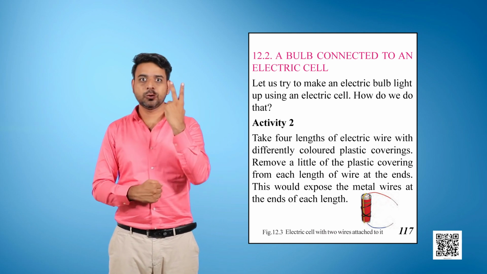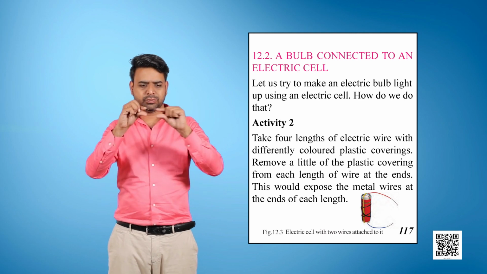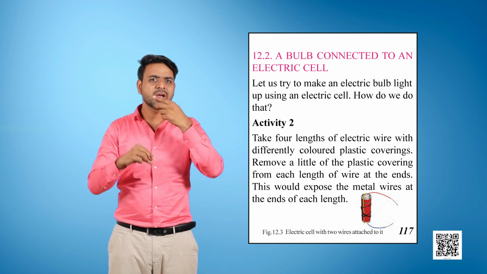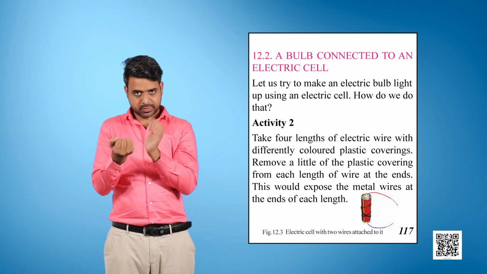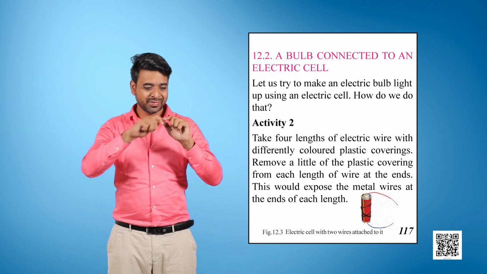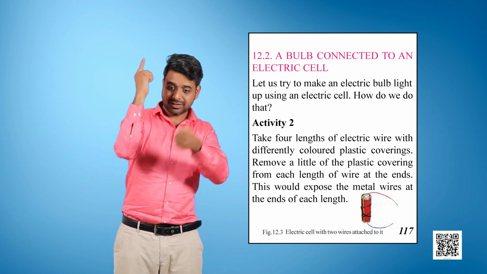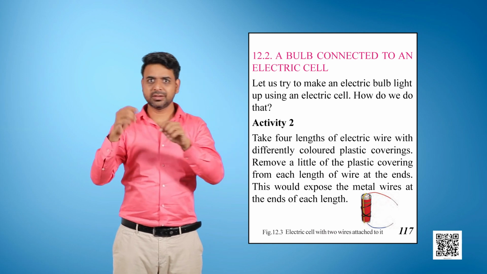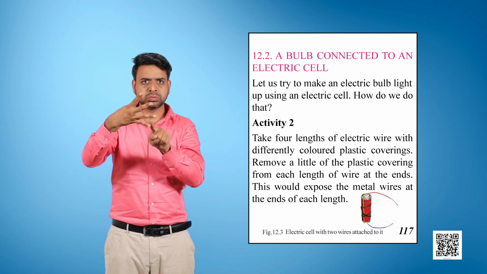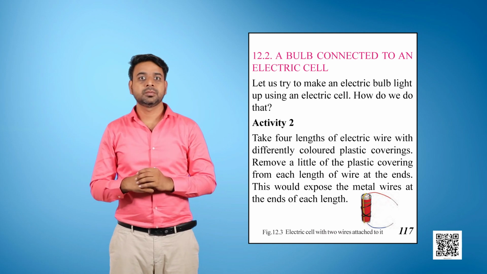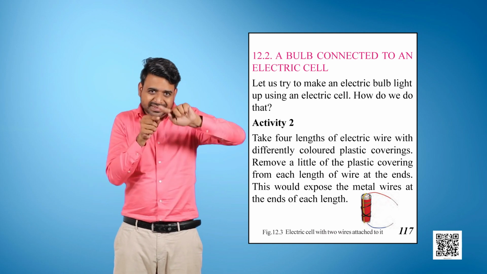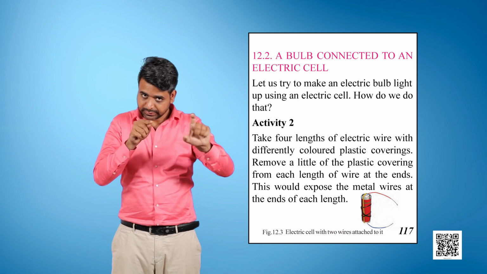Activity 2. Take 4 lengths of electric wire with differently colored plastic coverings. Remove a little of the plastic covering from each length of wire at the ends. This would expose the metal wires at the ends of each length.